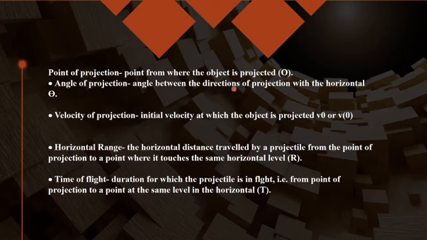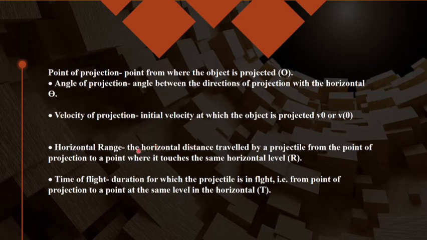A few more definitions you should keep in mind. One is the point of projection, the point from where you project the object. Then the angle of projection, which is the angle between the horizontal direction and the direction of projection. So if this is the horizontal line and you are throwing like this, then theta can be calculated. Velocity is of course the initial velocity with which you are projecting, which can be considered as v0 or you can call it u. It is totally your choice.